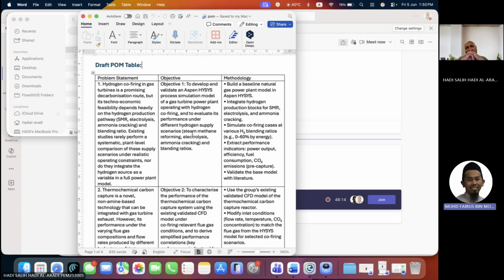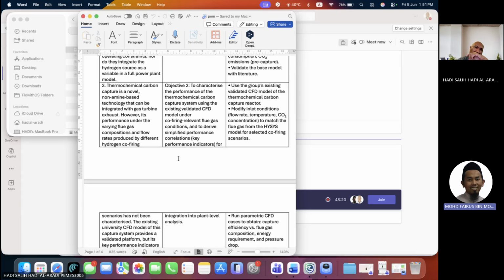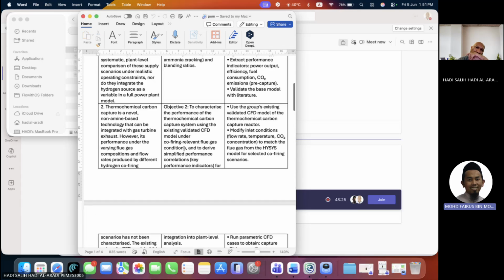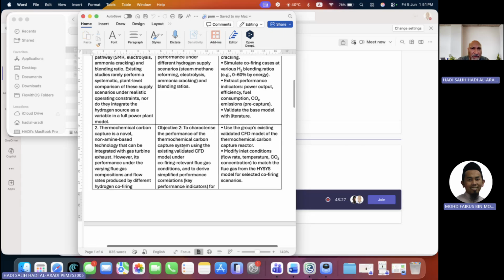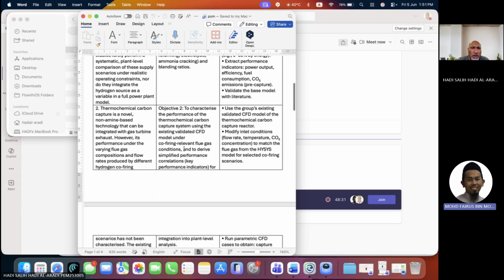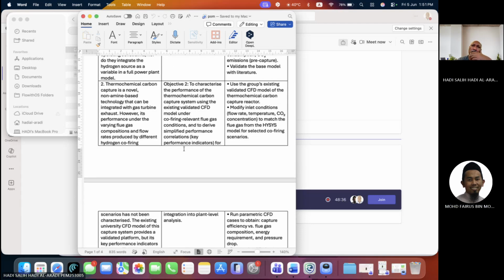If I read objective number 2 correctly, it says we characterize the performance of the thermochemical carbon capture without mentioning anything about the combustion. Yes, to characterize the performance of the thermochemical carbon capture system using an existing model.